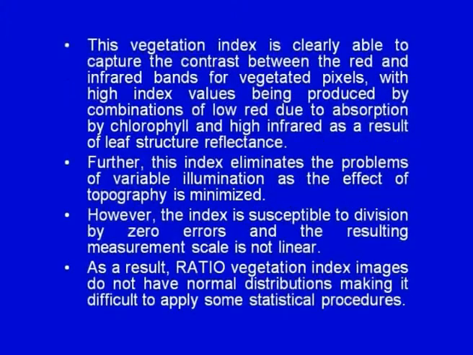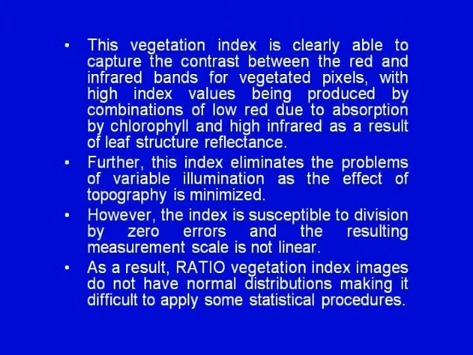This index is clearly able to capture the contrast between the red and the infrared bands for vegetated pixels, with high index values being produced by combinations of low red due to absorption of chlorophyll and high infrared as a result of leaf structure reflectance.